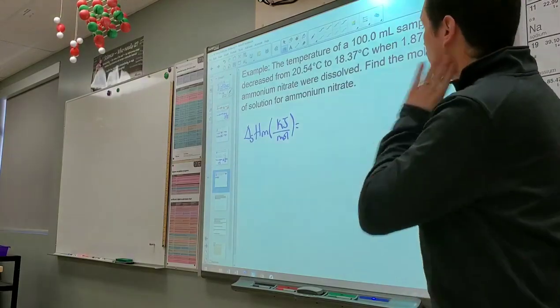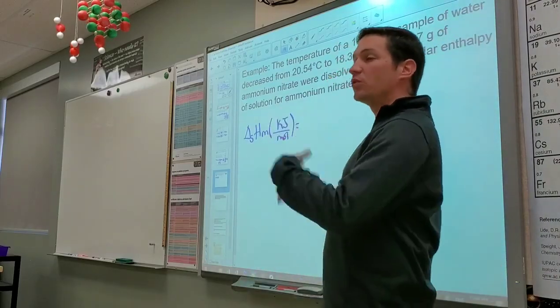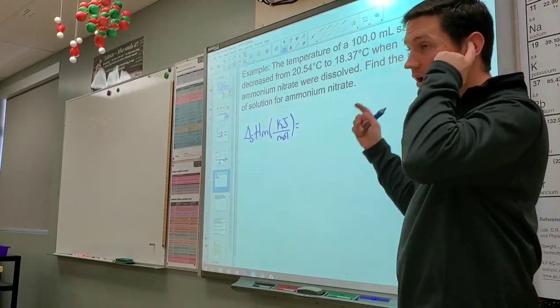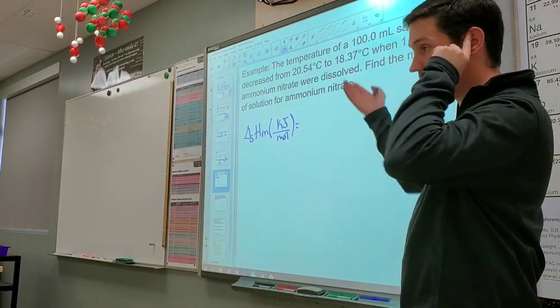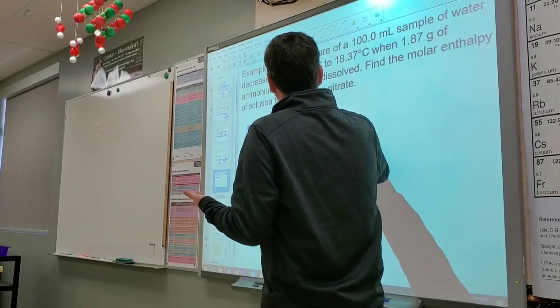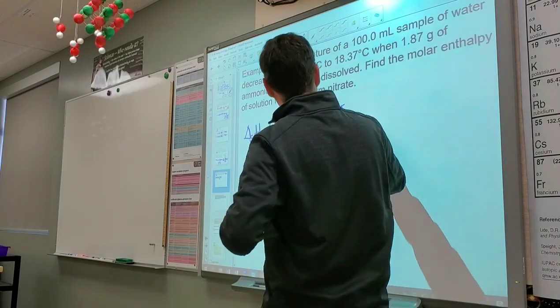So the energy absorbed by the ammonium nitrate has to be the same as the energy lost by the water. So I would say 4.19 kilojoules per kilogram degrees Celsius.